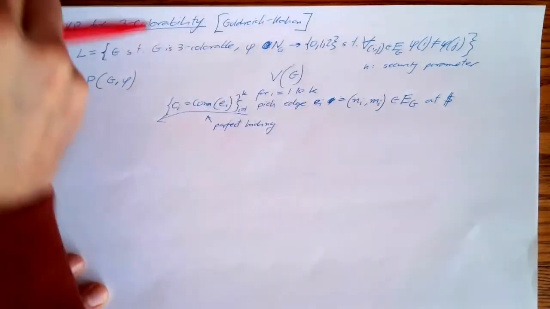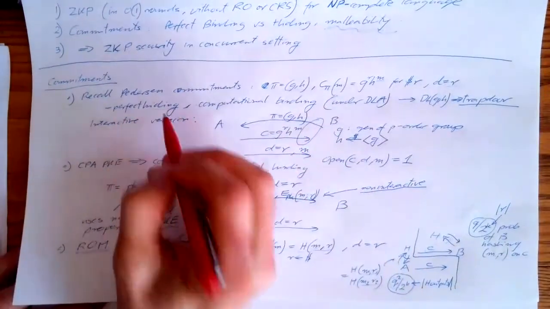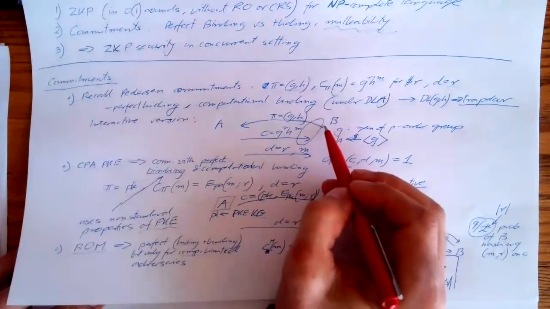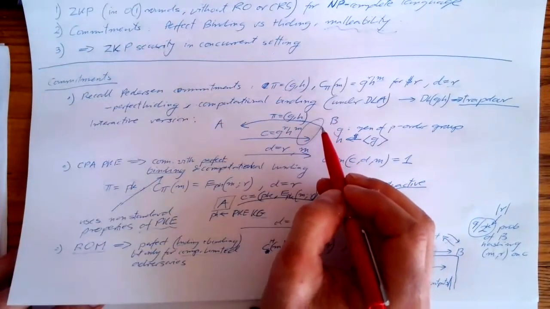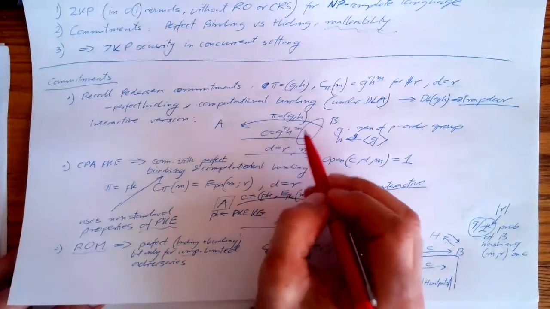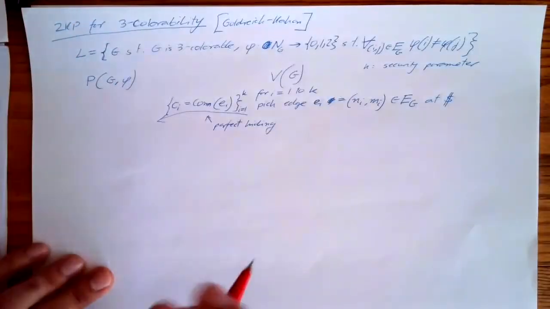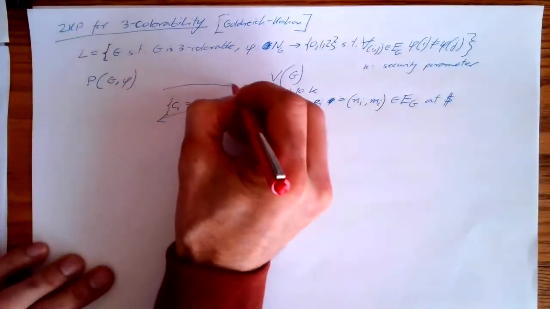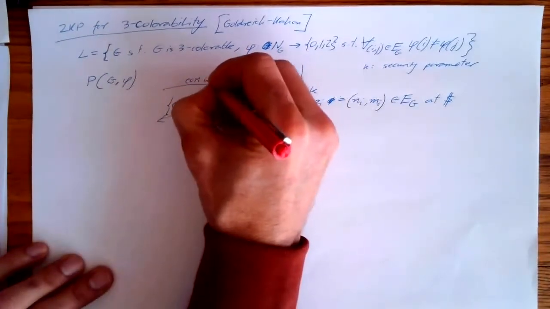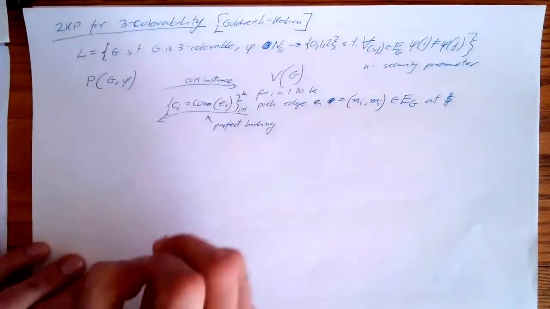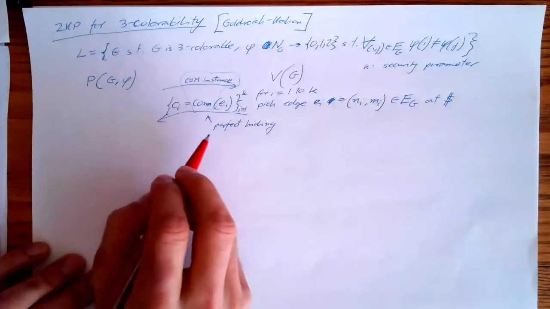The way we implemented it here, this was a perfect hiding commitment without a CRS if it was interactive. Actually, the party who receives this commitment has to pick the commitment instance, so this would mean that the prover here picks the commitment parameters. And so this is a perfectly hiding commitment.